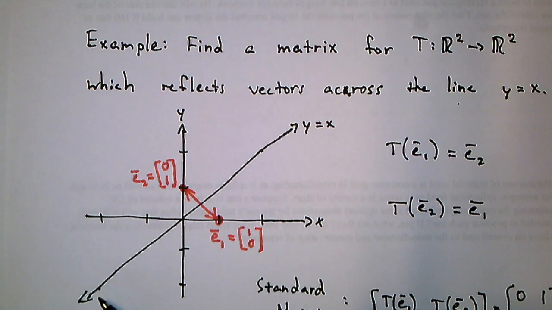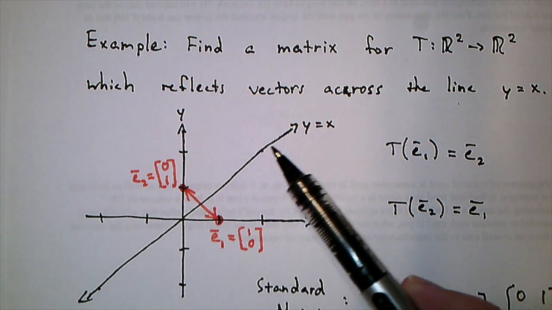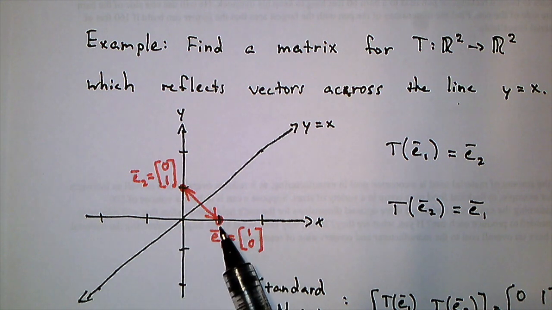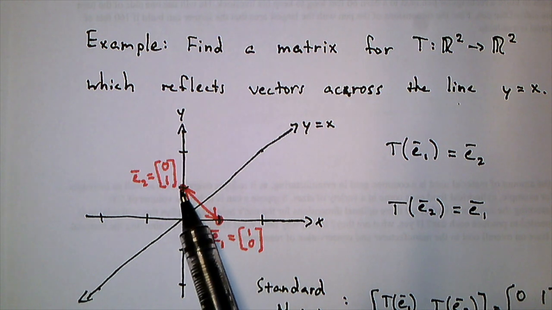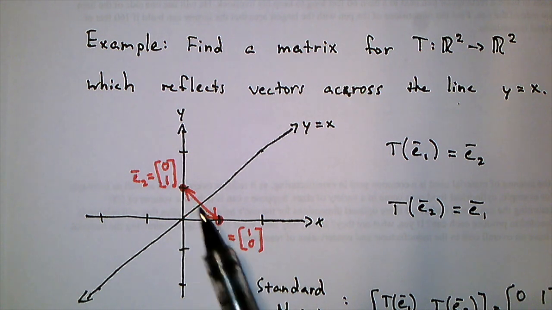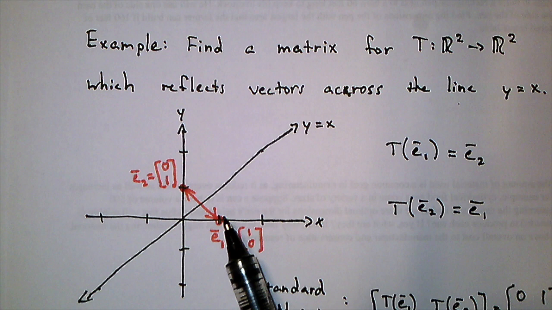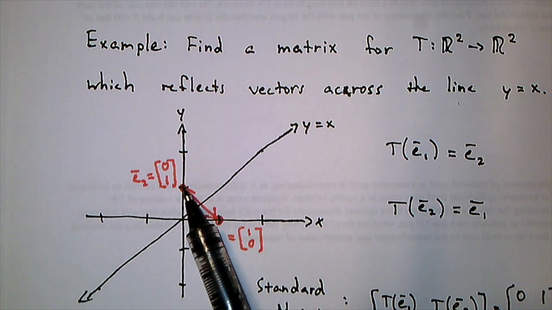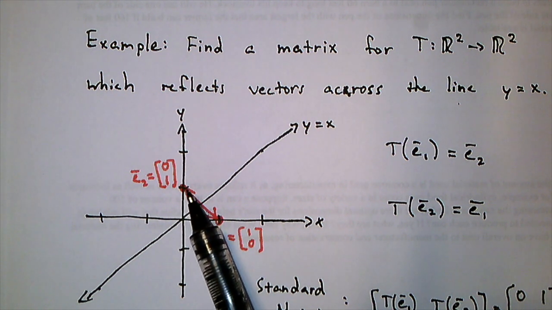I've drawn in the line y equals x, and then the two standard basis vectors here are the red points. E1 is on the x-axis, E2 is on the y-axis. So what the reflection does is it picks up this first standard basis vector and reflects it across the line, and we actually end up at the other standard basis vector.